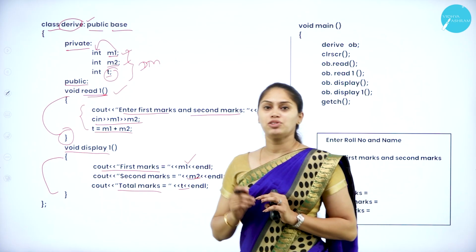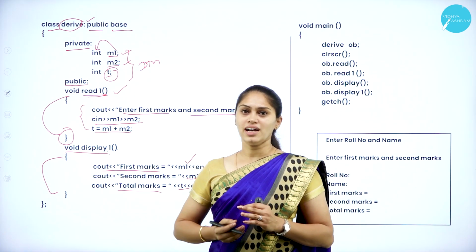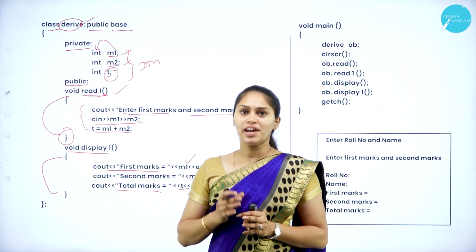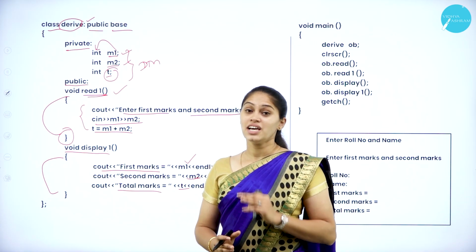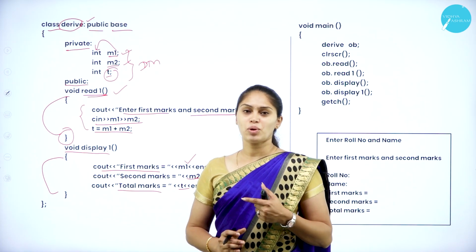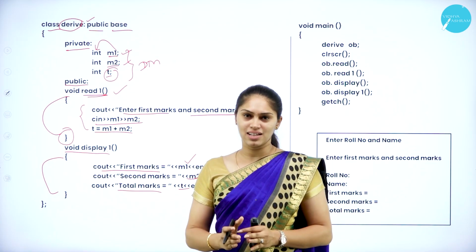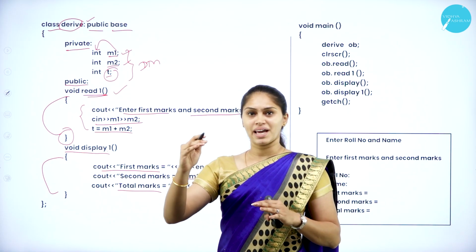Here you have to remember one thing. I have my own copy of the derived class. Along with that, I have the content of the base class in the derived class. A derived class is a class which acquires the properties from a base class. Now you have to understand that read and display are member functions of the base class.